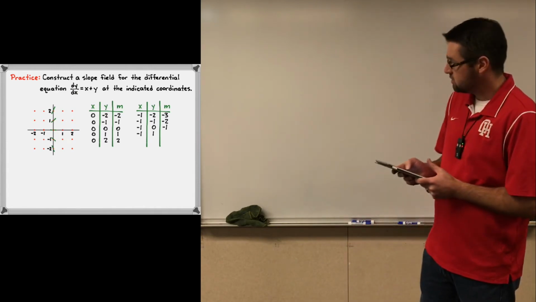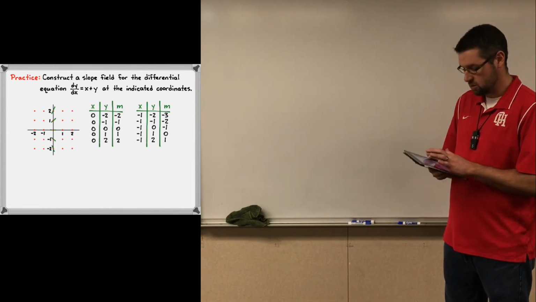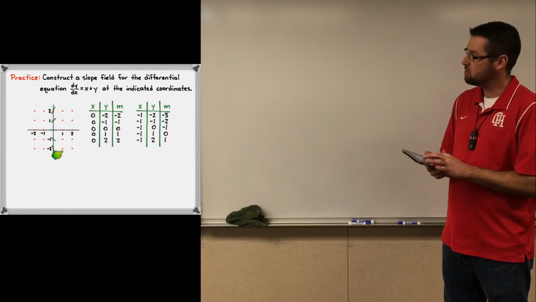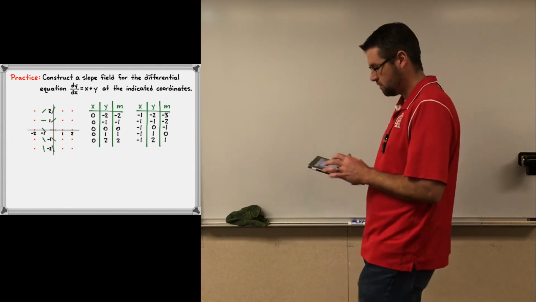So -1 plus 1 is 0. -1 plus 2 is 1, right? And so what do we notice about this row of slope fields? It's steeper than what it was before, right? Oh, that's -1. I'm sorry. Back the other way. You guys okay with this?